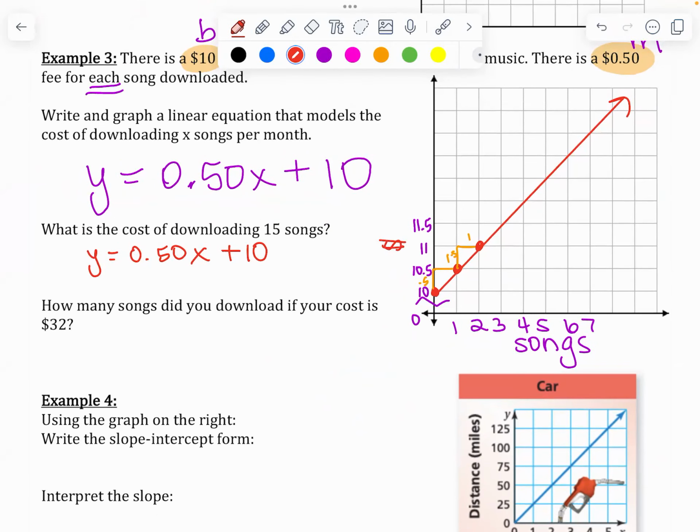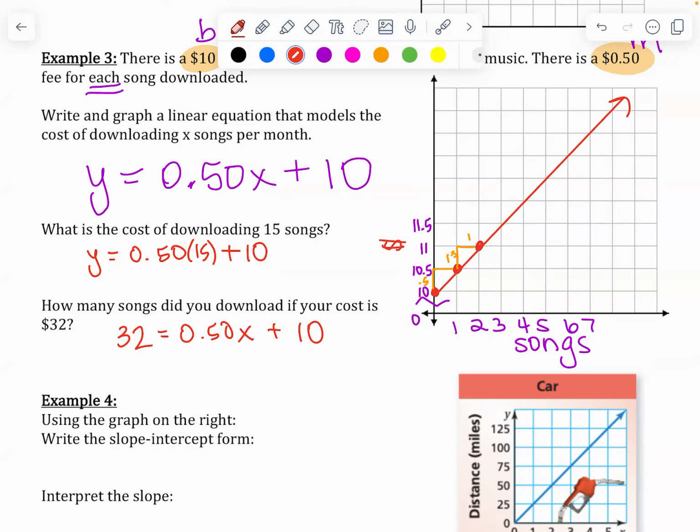X represents songs. So here I would put 15, and we'd solve that out. What if I wanted to know if our cost is 32, how many songs? What would we do in that scenario? 32 equals 0.50x plus 10. 32 is what we use for Y instead of X. That's what we did last time.